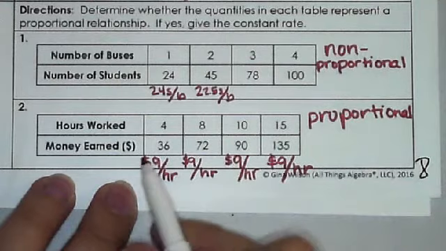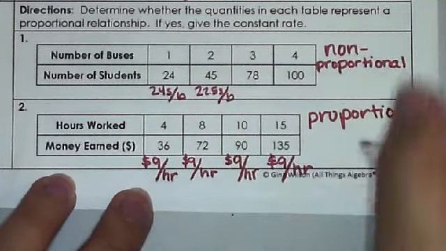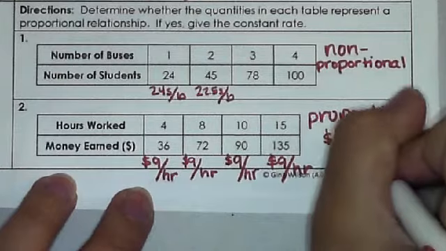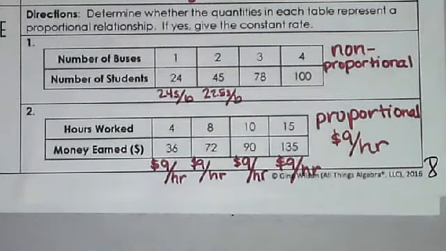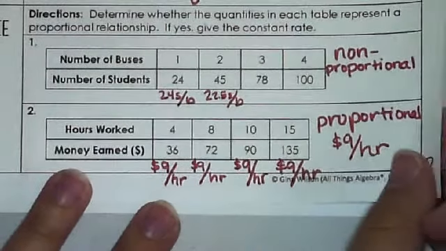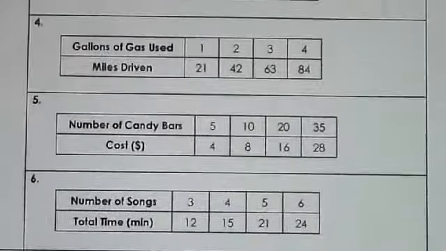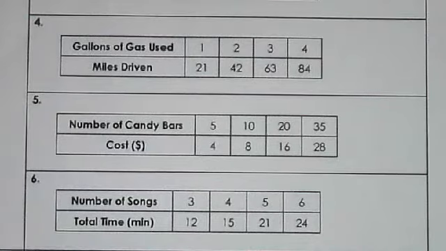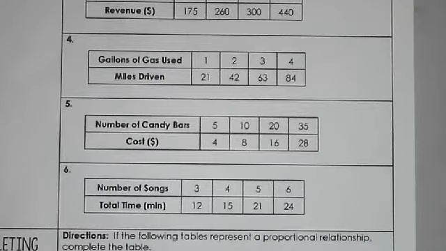What's our constant rate, or what is the unit rate here? Caroline? $9 per hour. Good. Questions about those two? All right, I want you to work with your shoulder partner on 3 through 6.